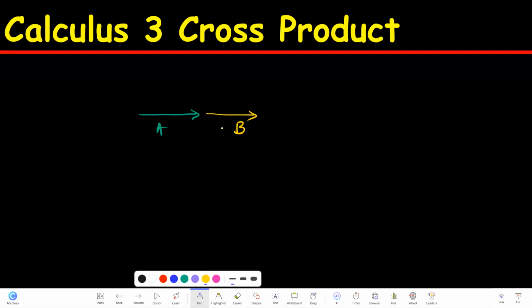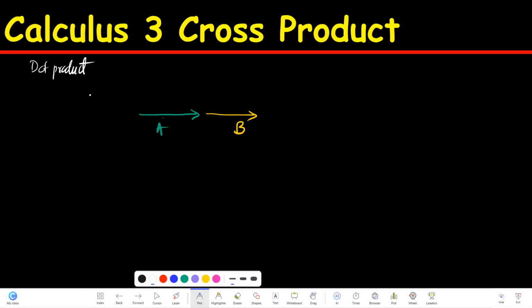Now, if I multiply the two vectors, I have two options. Number one, I just want a magnitude, and I call it the dot product.